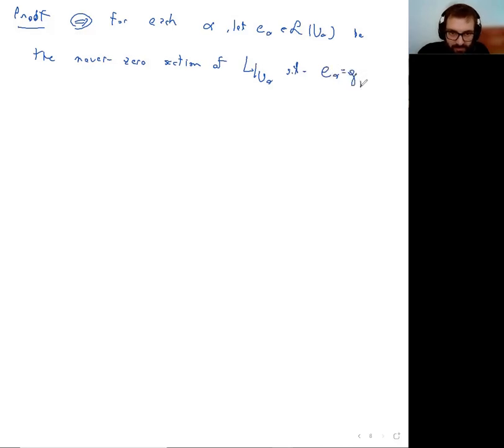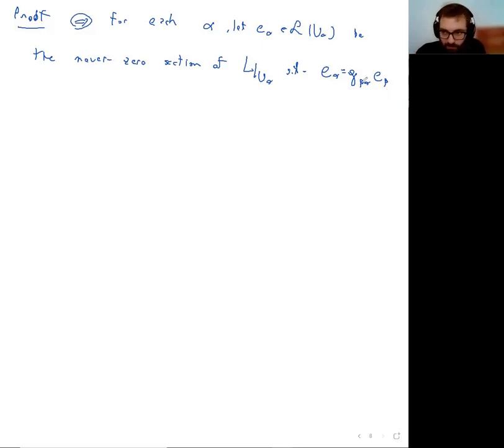So e alpha is g beta alpha times e beta. So this is something we saw when we did, I think, the bundles in general. And the idea is that the coordinates change with g alpha beta, but the sections change with g beta alpha. Okay.